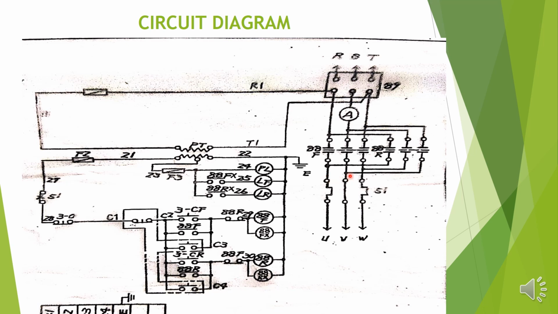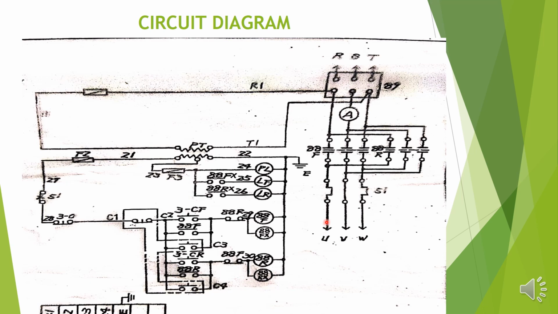You can change any two phases. First this contactor will energize and the motor rotates in the clockwise direction, and if you want to rotate the motor in the reverse direction, you can energize this 88R contactor, then power will transfer to the OLR, UVW, and the motor will start to rotate in the reverse direction. That is the power circuit.